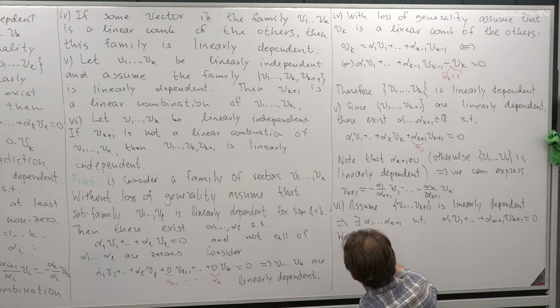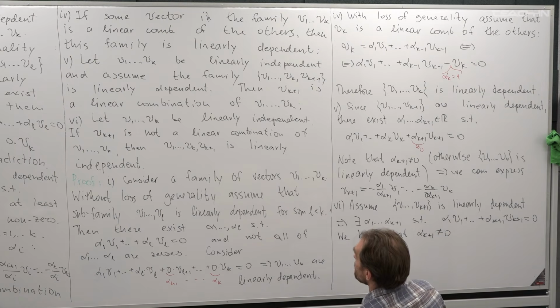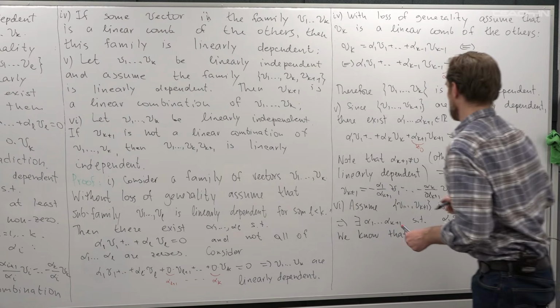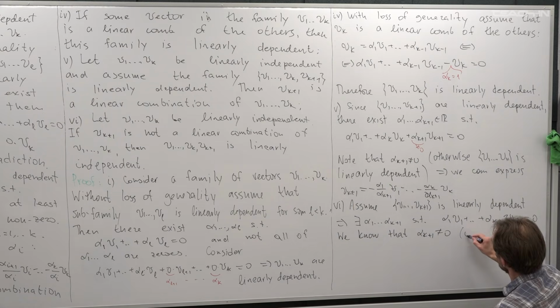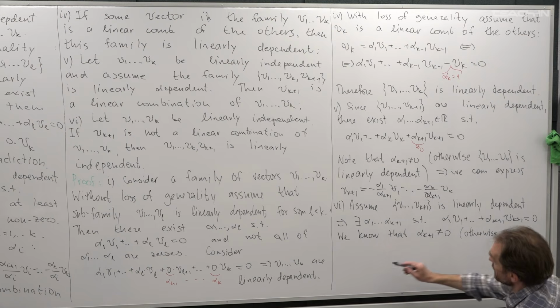We know that alpha sub k plus 1 is non-zero, just because otherwise v1, etc., vk are linearly dependent.